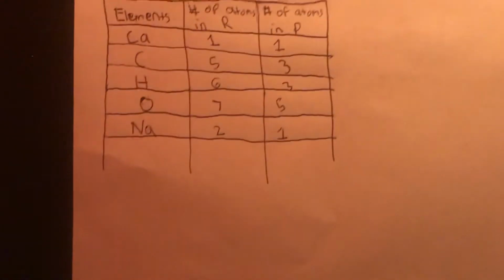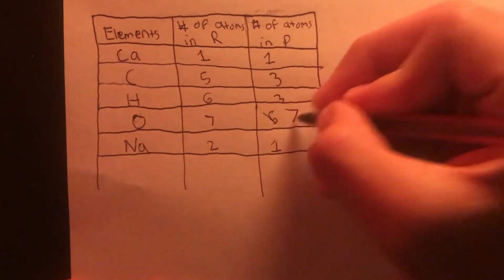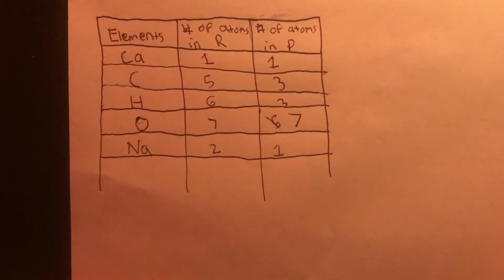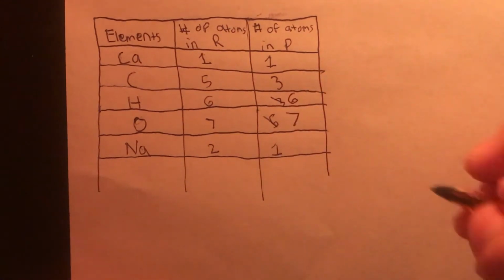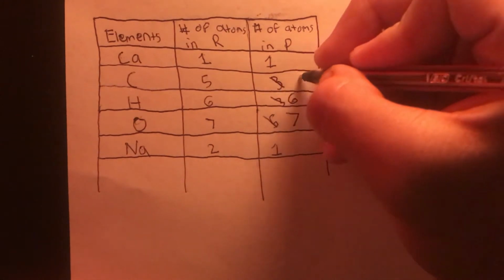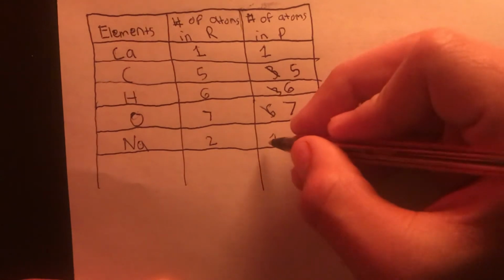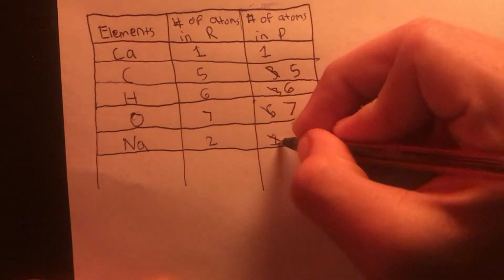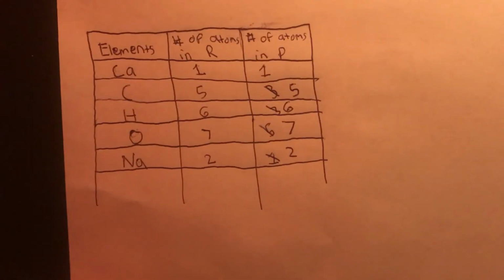So that way we gain 2 oxygen atoms, bumping that up to 7. We also gain 3 hydrogen atoms, bumping that up to 6. We also gain 2 more carbon atoms on the product side, bumping that up to 5. And we also gain 1 more sodium atom, bumping that up to 2. So just by adding that second sodium acetate compound, we completely equal out the equation.